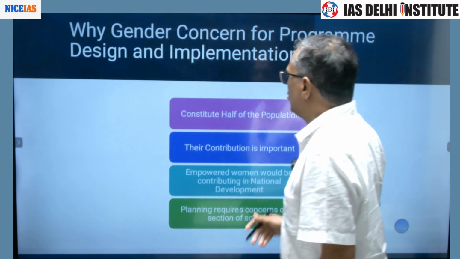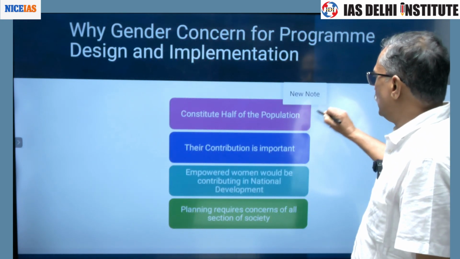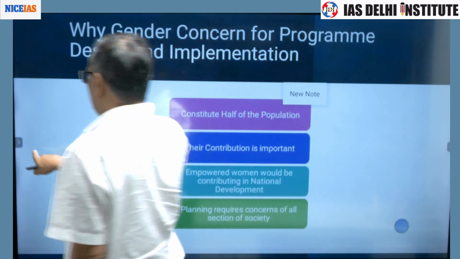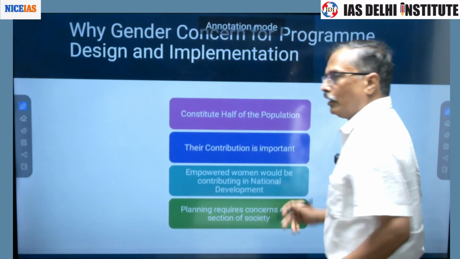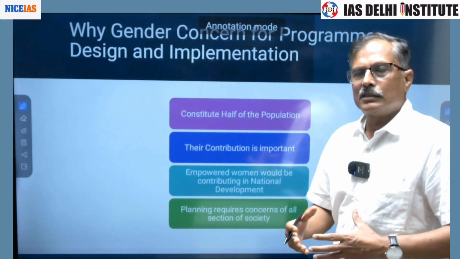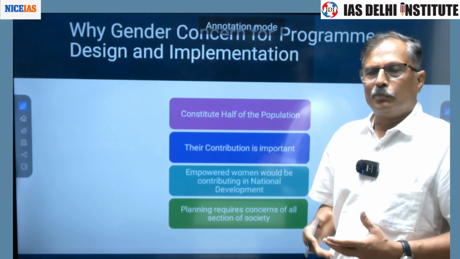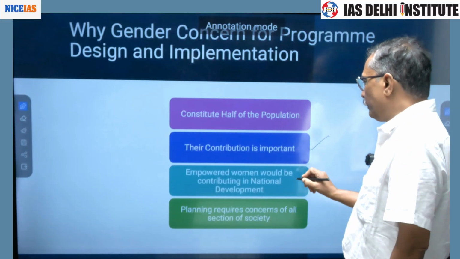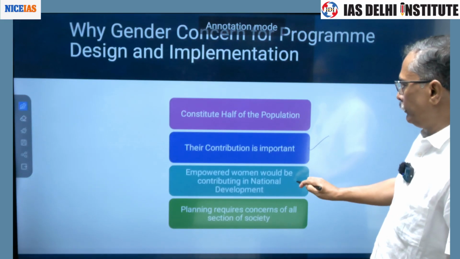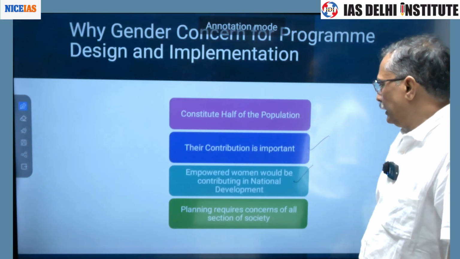Since they constitute 50% of the population, they must not be left outside the nation's economic or political mainstream. Empowered women would contribute to national development.